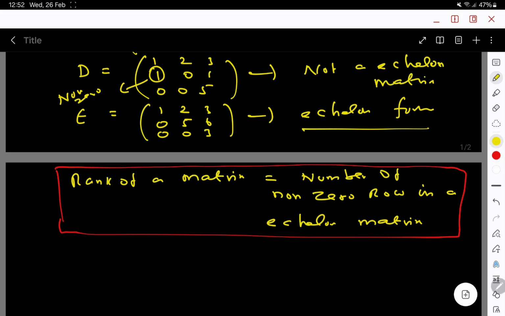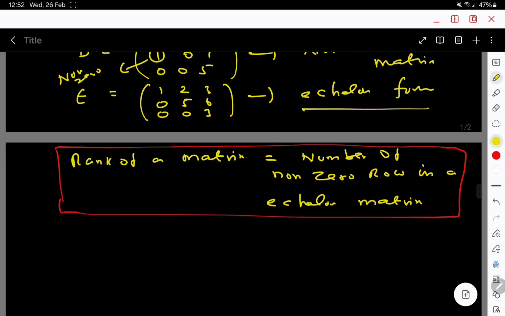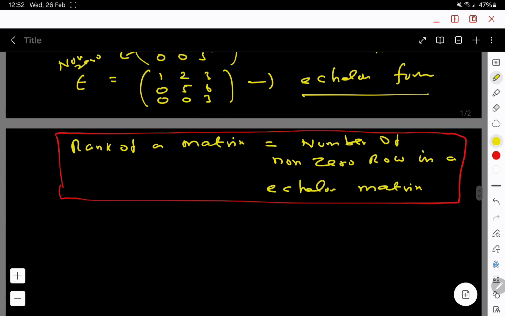Now we see the PYQ problems in GATE. GATE 2000 Instrumentation.